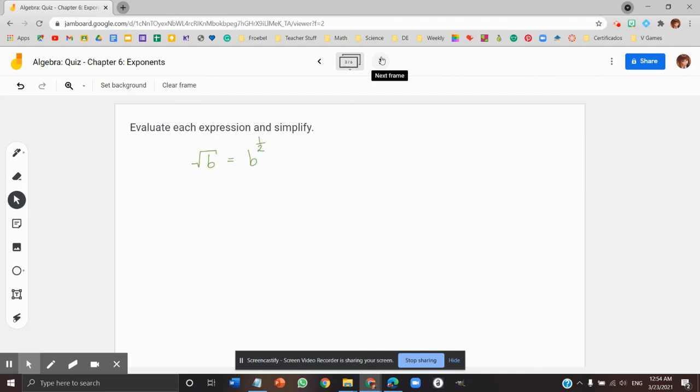Remember that there is an invisible 2 right there. If I don't give you any number, just remember that there is always a given 2 there. Now, what if I have, instead of that, something that looks like b to the third? Now that I can change into a radical, the cube root of b. So you can see that you can go this way or you can solve that way. And you will have the same answer.